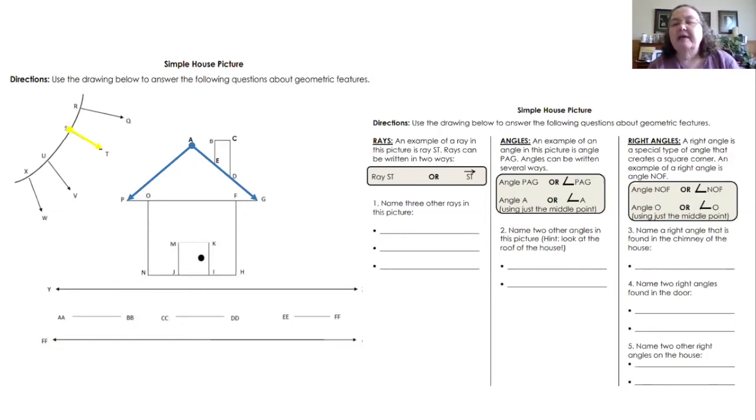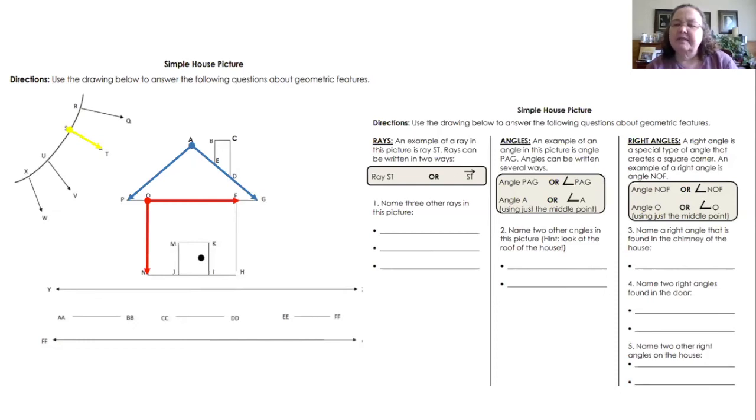Let's look at right angles. A right angle is a special type of angle that creates a square corner. An example of a right angle is angle NOF. Remember that O, the vertex, is in the middle. So number 3 on this side says, name a right angle that is found in the chimney of the house.